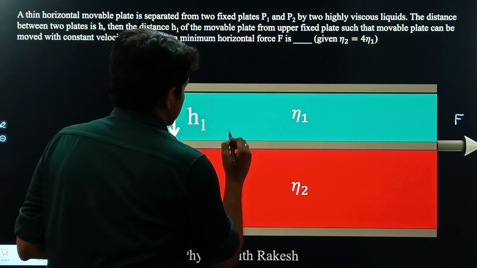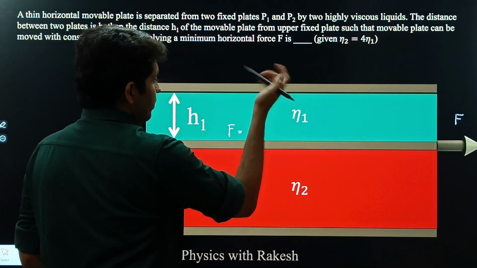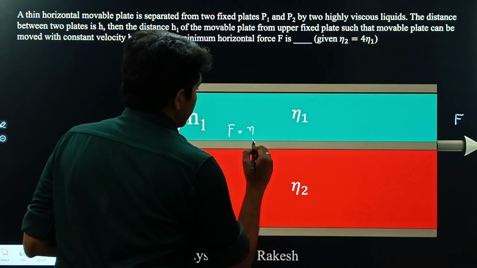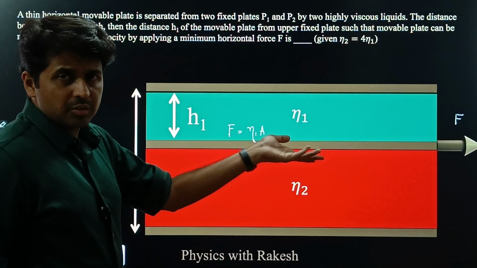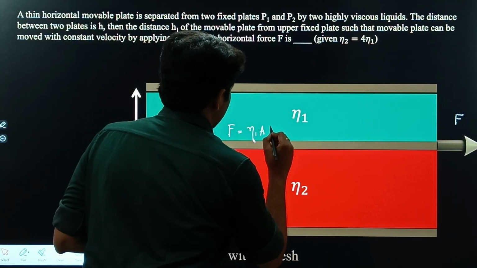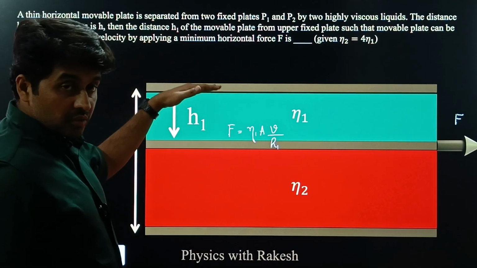So what is the viscous force? Tell me. F equal to, so here for this liquid we can write eta 1 A, suppose it is moving with speed V, by h1. From here it is h1, so V by h1.